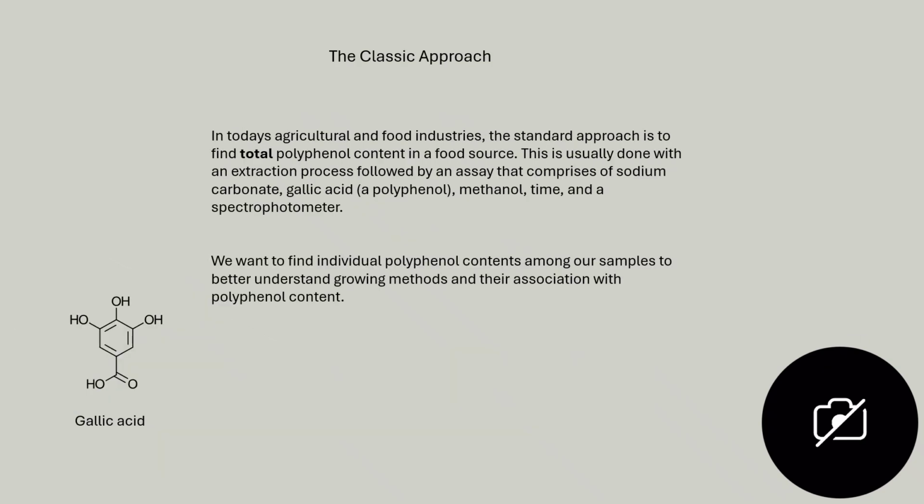So today in the ag industry and food industries, they tend to use assays to find the total polyphenol content in the food sources that they're studying. I found in a lot of literature that many use gallic acid as a calibration curve, and then you can compare what you're studying to the calibration curve and determine the concentration within your sample.